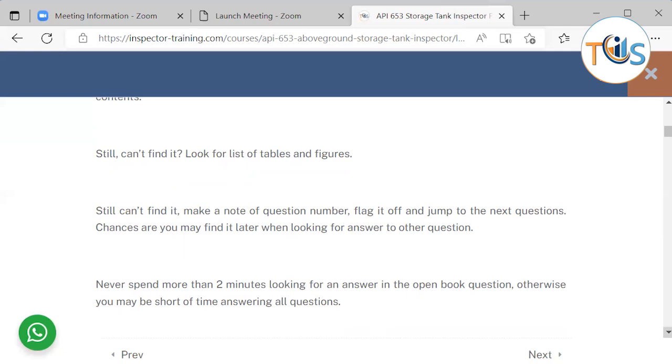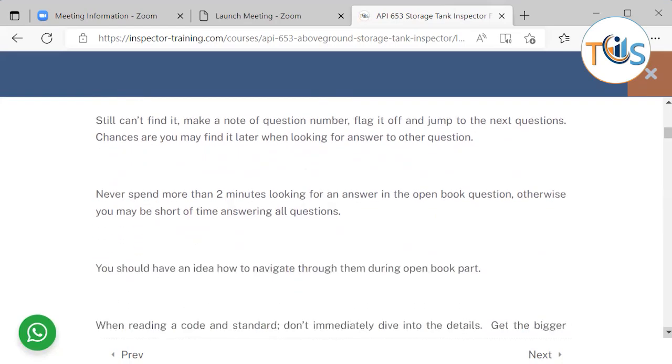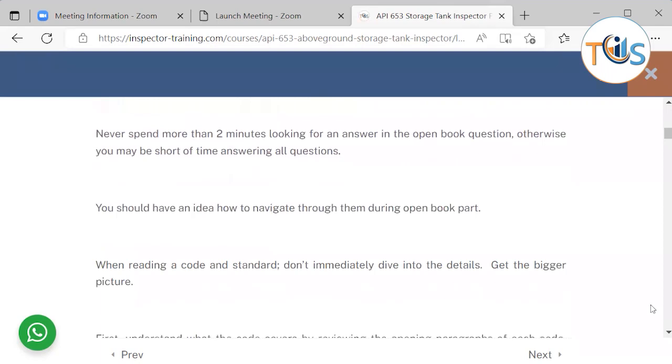So just make a note, flag it on the screen, jump to the next question, and come back later at the end or whenever you have found the answer. Never spend more than 2 minutes on an open book question, otherwise you may be short of time answering more questions. You should have an idea how to navigate through them during the open book part.